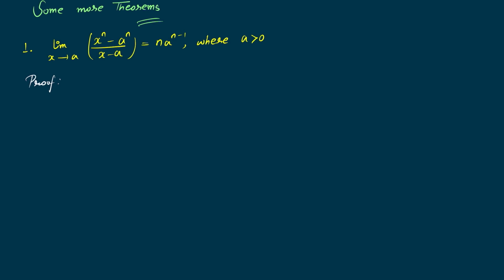The limit extends to a of x to the power n minus a to the power n divided by x minus a equals n a to the power n minus 1, where a is greater than 0.